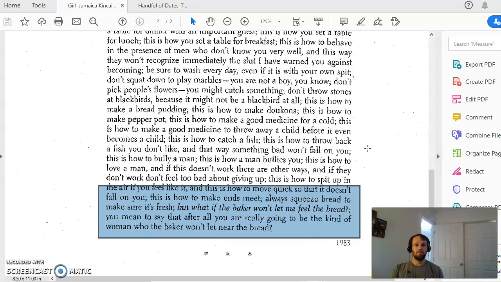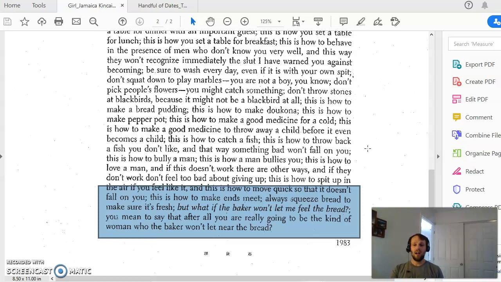But what does this have to do with relationships? In this first part, "always squeeze bread to make sure it's fresh," how does that relate back to the metaphor about the fish? "Here's how to throw back a fish you don't like. Here's how to squeeze bread to make sure it's fresh."